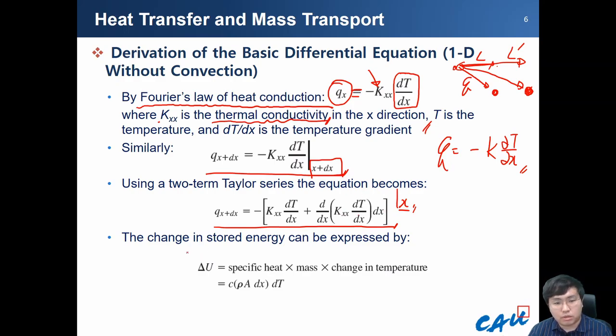Then we can also define the internal energy. The internal energy can be defined by the specific heat, mass, and changing temperature. So internal energy is also affected by temperature change, heat capacity, and total mass. A dx equals V, and rho is the density, so this becomes the mass.